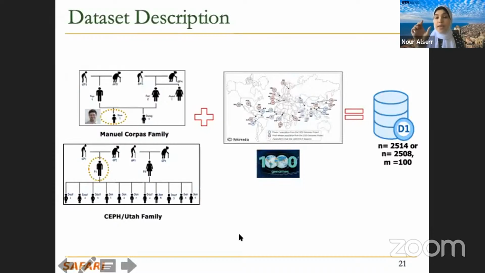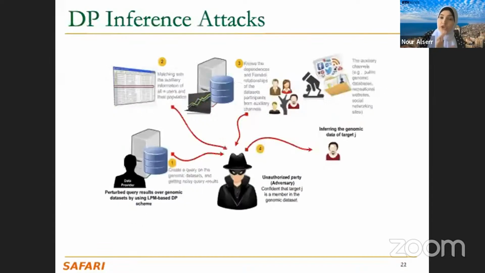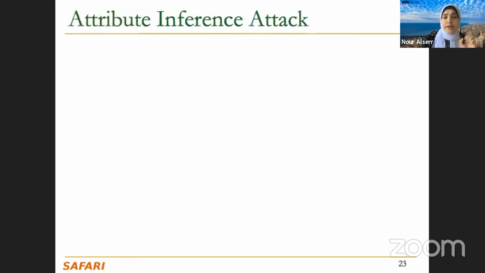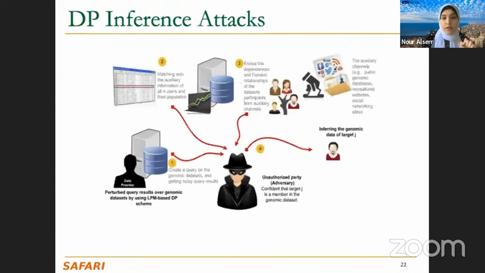So we are using these data sets for our attacks and also for our mitigation. The first attack we have is the attribute inference attack. What we have in this attack is like this. We consider that the adversary is sending a sum query over the data set, and he receives the answer of that sum query. He also knows that these family members are included in the data set.